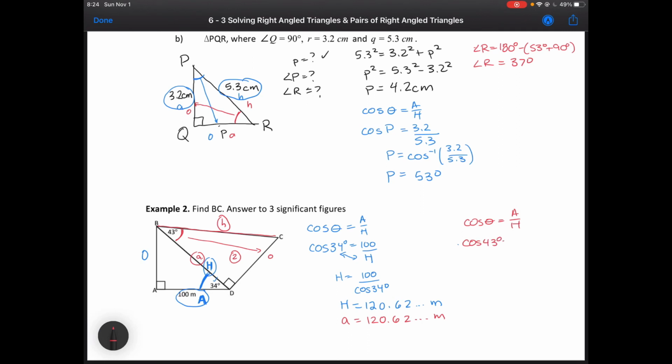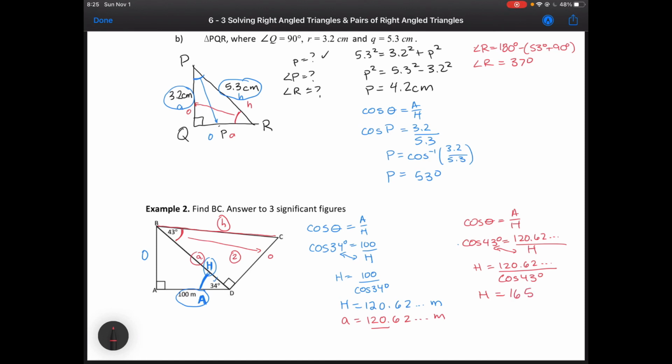So substituting in what I know, 43 my adjacent side I'm using because I solved for that from my first triangle over my hypotenuse, which I don't know. Again, same solving mechanism. Really, I'm multiplying both sides by h and then dividing by cos 43. The shortcut is just switching the cos 43 and the denominator. Cos 43.